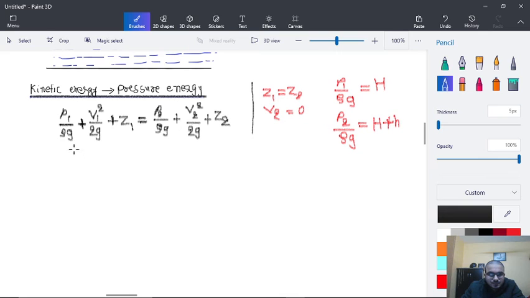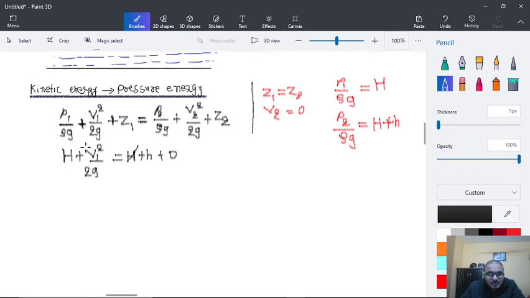So here h plus V1 square upon 2g. Z1 and Z2 are already cancelled. Then here we have h plus h plus 0.